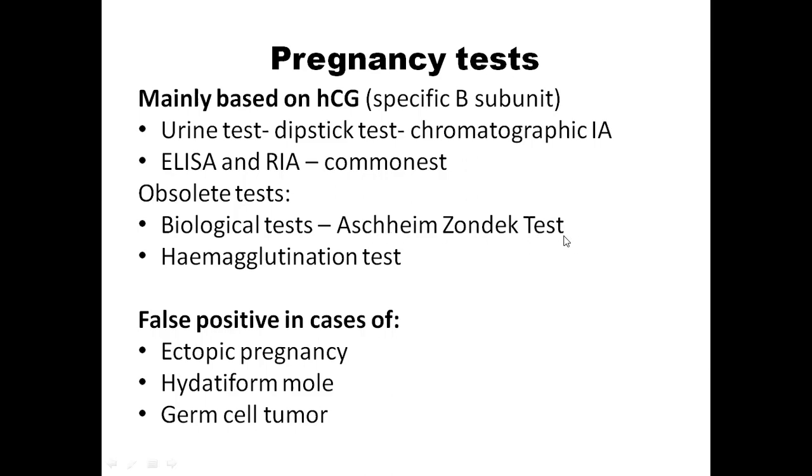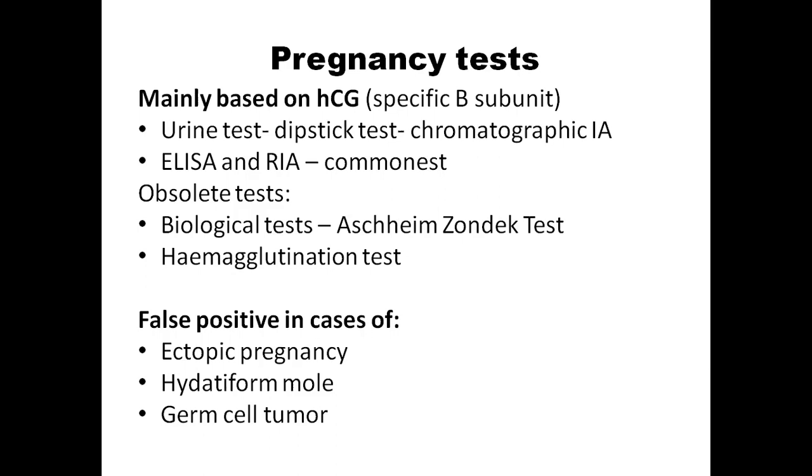We have to mug up at least 5 to 6 such tests, where we actually used to take the maternal urine and inject the urine into the host like rabbit or frog or rat. And this rat or rabbit should be immature one, that is, they are not ovulating or they are not going into the estrus.